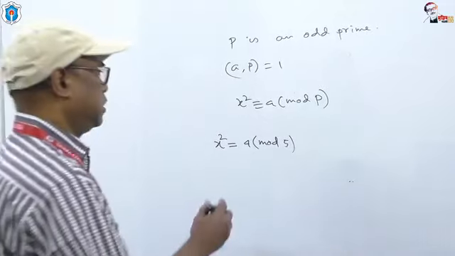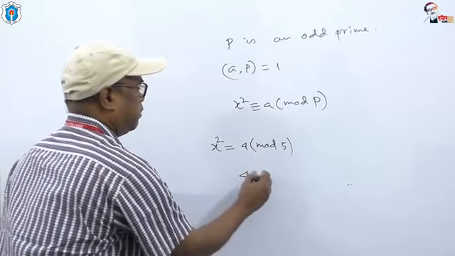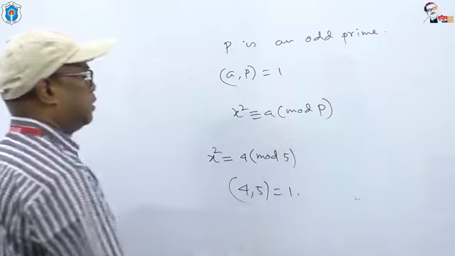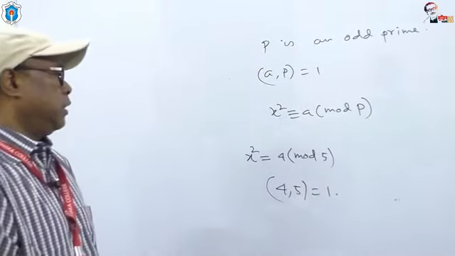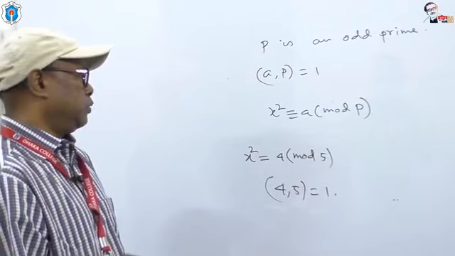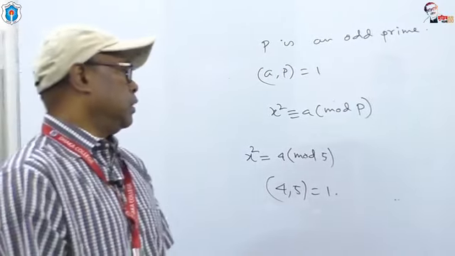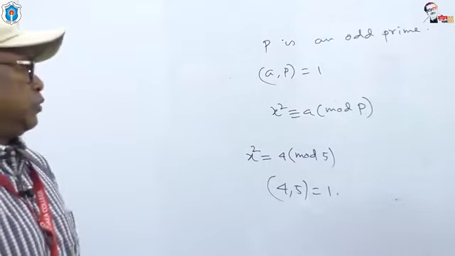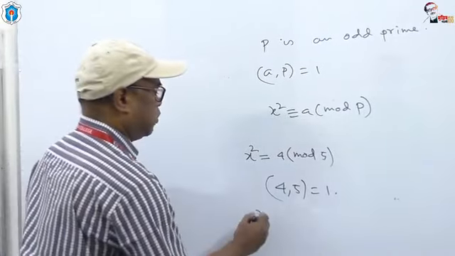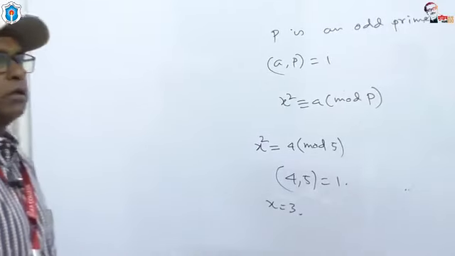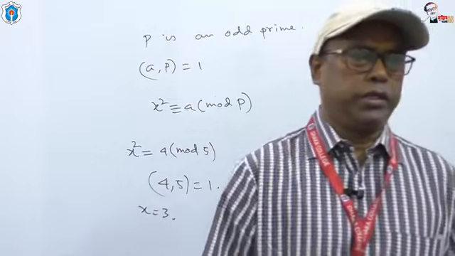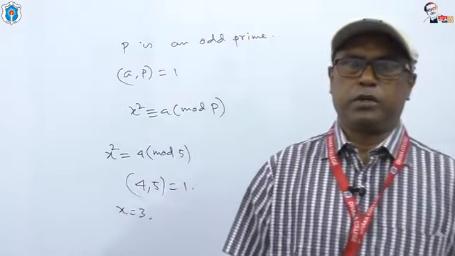That means (4,5) equal to 1. And if we put x equal to 3, it satisfies the congruence. So x equal to 3 is a solution. So we can say that 4 is a quadratic residue modulo 5.